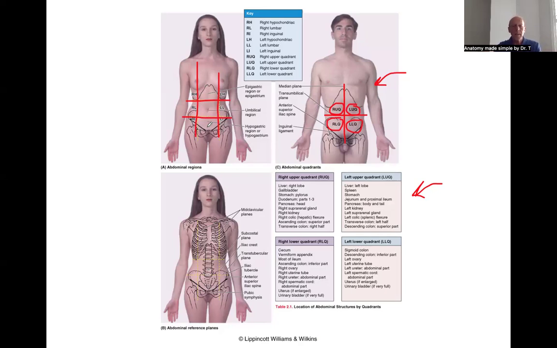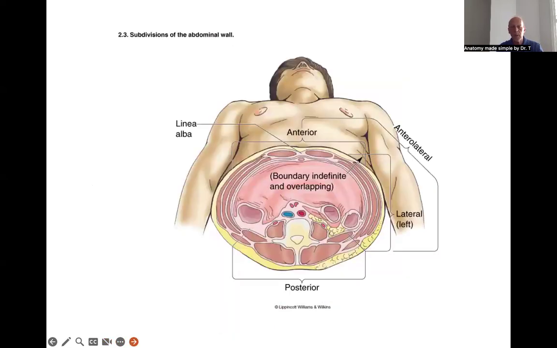So that's effectively an easy way to go through the abdomen, to try to divide it into smaller and much easier to handle regions. One thing that you may have also started thinking about is what exactly makes the walls of the abdominal space.